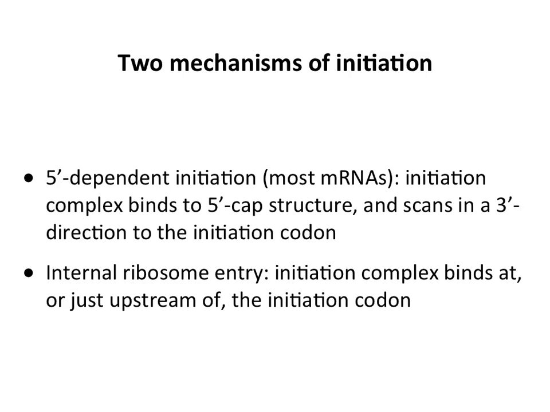So translation has to begin before it can continue, and the beginning part is called initiation. There are two general ways that initiation happens, and you probably learned about the first one in another course. It's called 5' dependent initiation. Most mRNAs are translated by this mechanism. What happens here, and we'll look at this in a moment, the initiation complex binds to the 5' end of the mRNA.